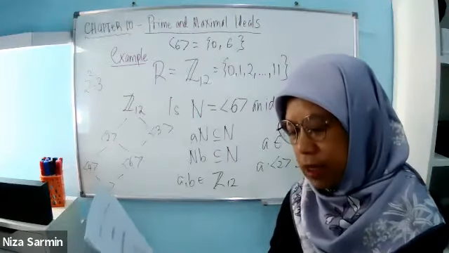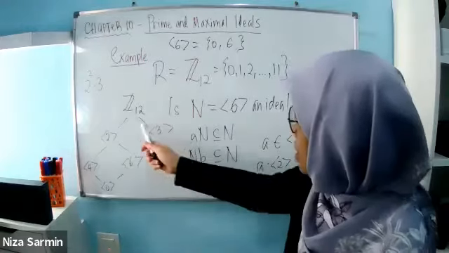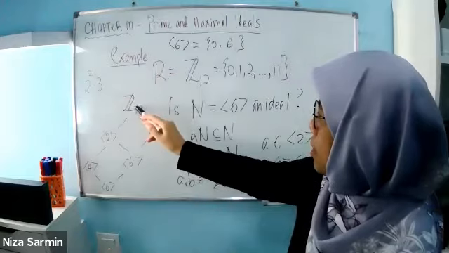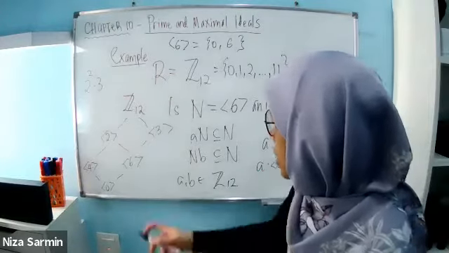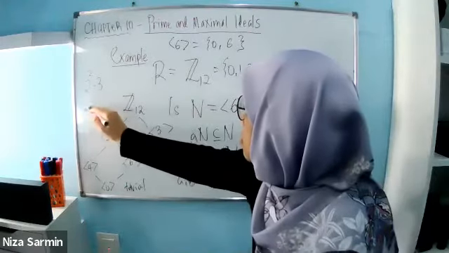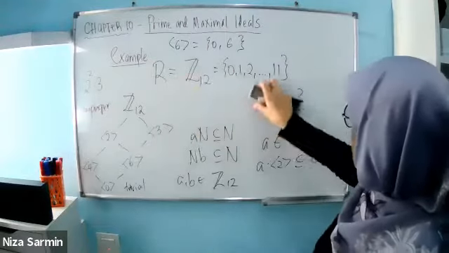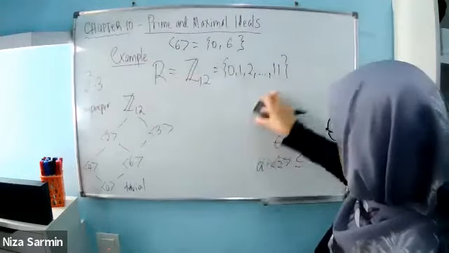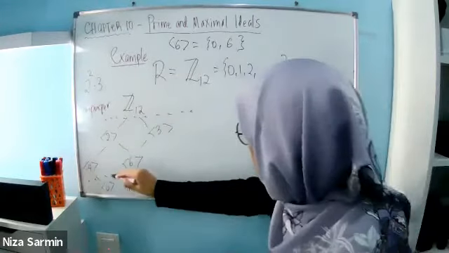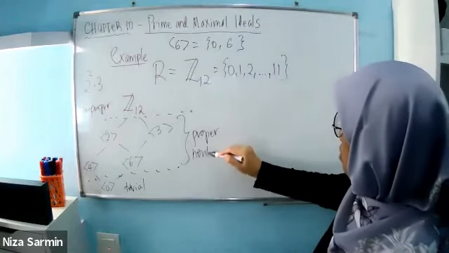Okay. If I say it's a proper non-trivial ideal, it will be that, like the subgroup before. This is the improper ideal. This is the trivial ideal. And the one in the beginning is the proper non-trivial.